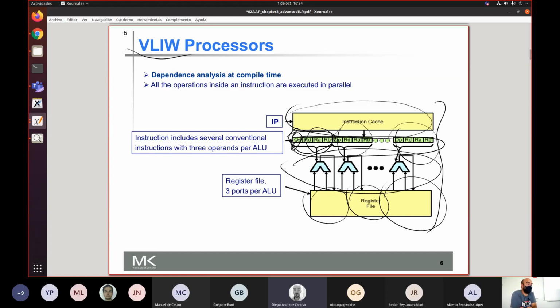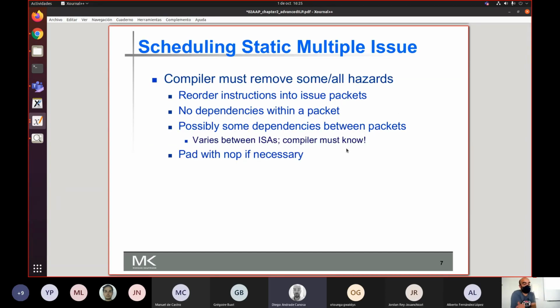Okay, we are still in static multiple issue. The scheduling of the instructions, the creation of these very long instructions, is up to the compiler. The compiler has to make some kind of static analysis in order to first reorder the instructions, to put together those instructions that are not dependent, okay? And then with them it is going to create issue packets, okay? The idea is that there must not be dependencies within a packet, okay?